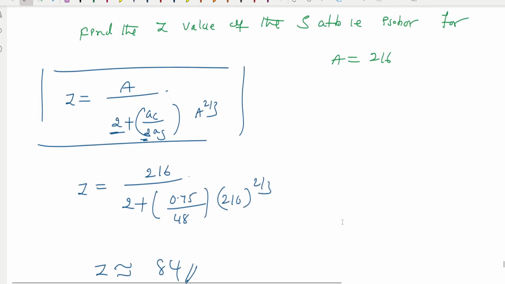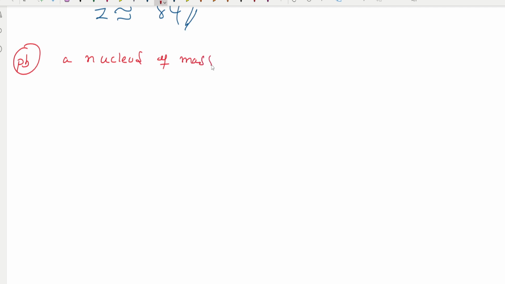Okay, so you can try this. The problem is: a nucleus of mass number A equal to 125.